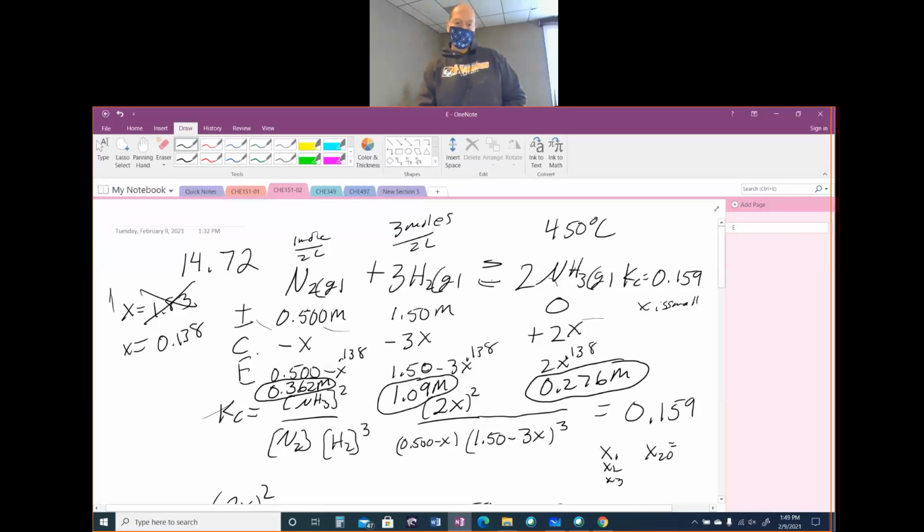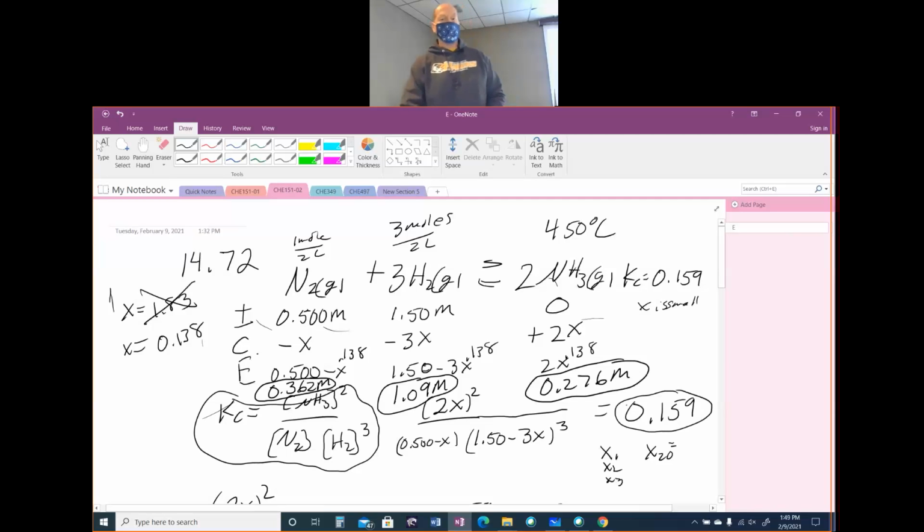And if you plug those numbers into your expression, you will get your 0.159. Are you going to get exactly 0.159? Probably not. We did a lot of rounding in different places, but you're going to get something around 0.16. It might be 0.15876, whatever, 0.162.